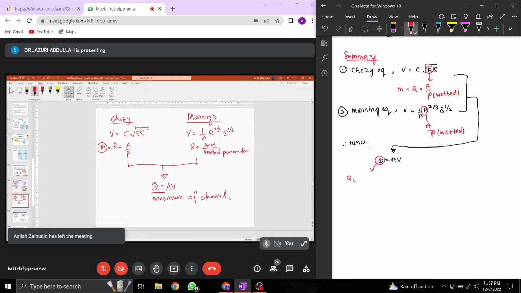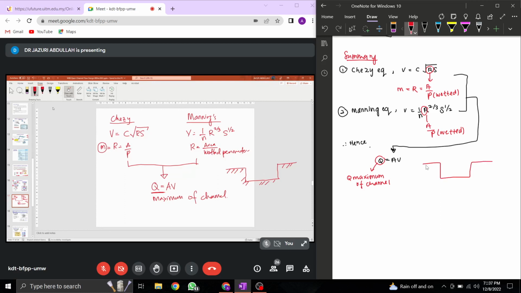Okay, so meaning that for instance kita ada rectangular shape, and then ini adalah kita punya bed. So let's say we have the maximum of water level, up to this here. So this is the Q maximum of the channel itself.